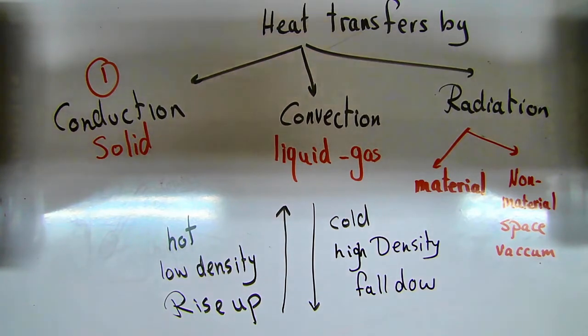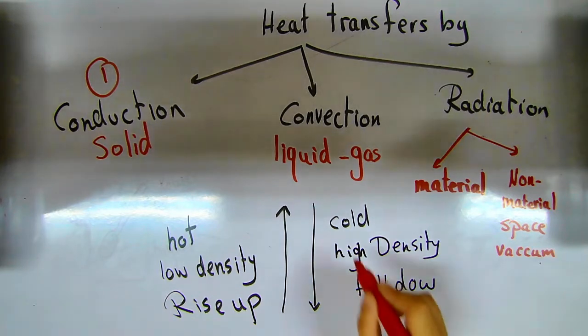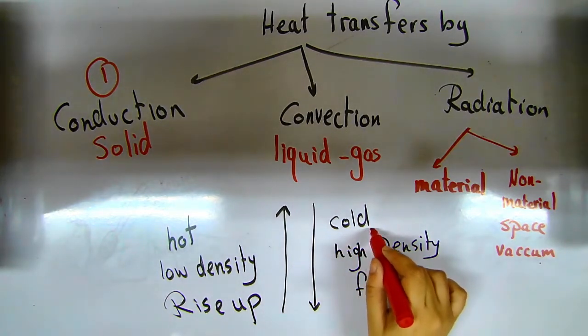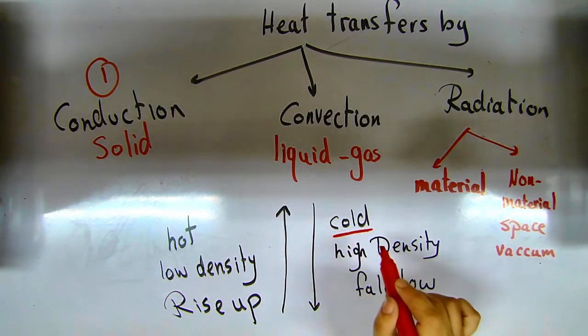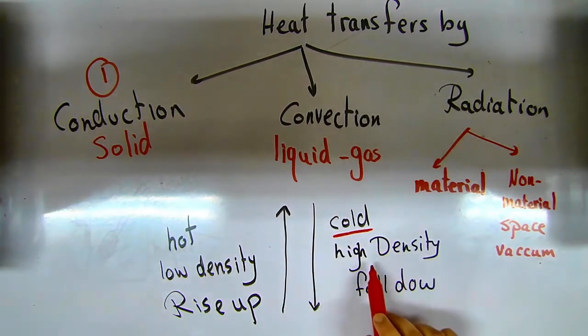Again, the molecules which have higher temperature have low density, so they will rise up. And the molecules which have a low temperature, or are cold, have high density, so they will fall down.